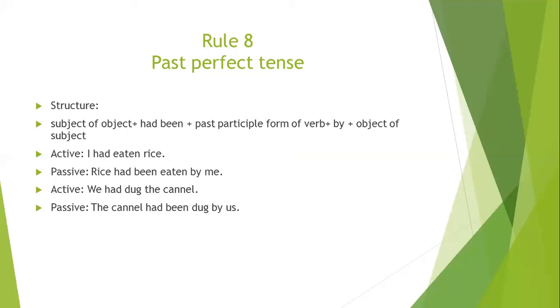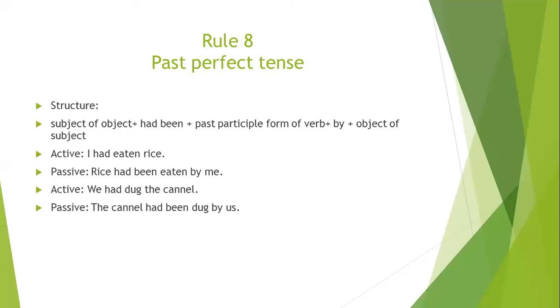Again, if you say in the active voice, we had dug the canal. The passive voice will be, the canal had been dug by us. Dear cadets, for changing voice, you must learn the rules of conjugation of words.